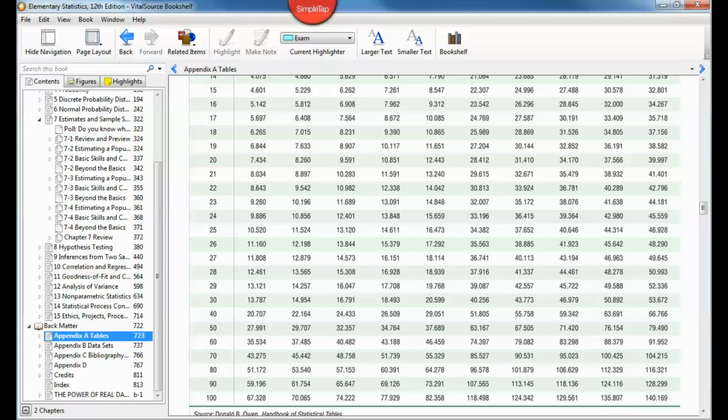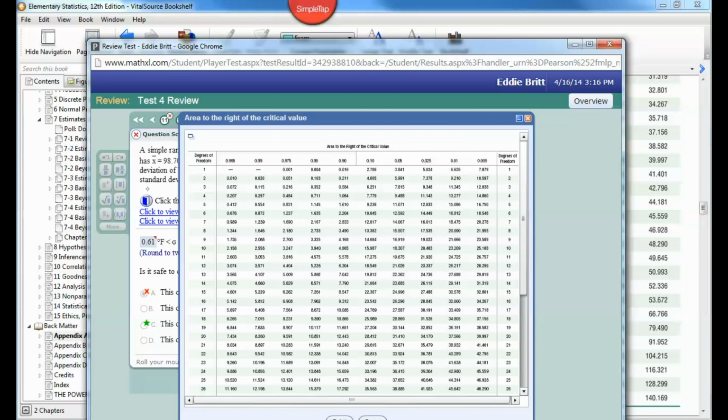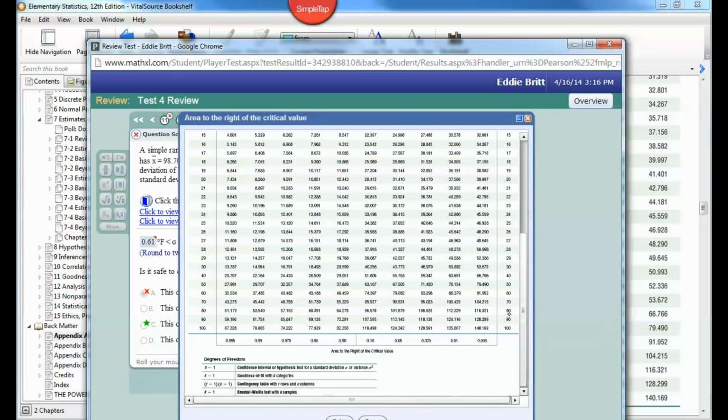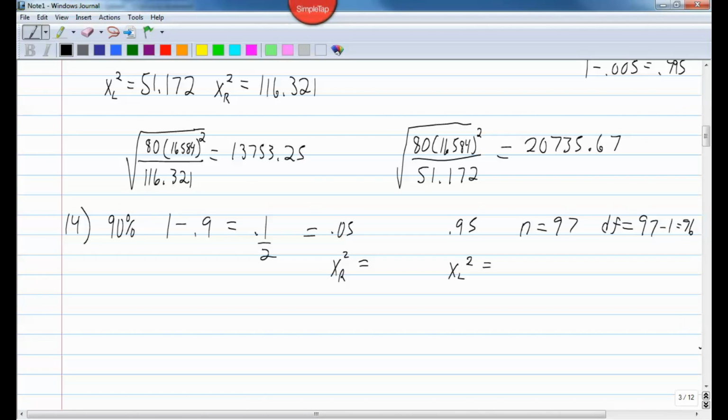All right, so it seems like we could maybe find what we need if it was just a little bit more precise, but that's okay. All right, so we have a standard deviation, S, equals 0.69.